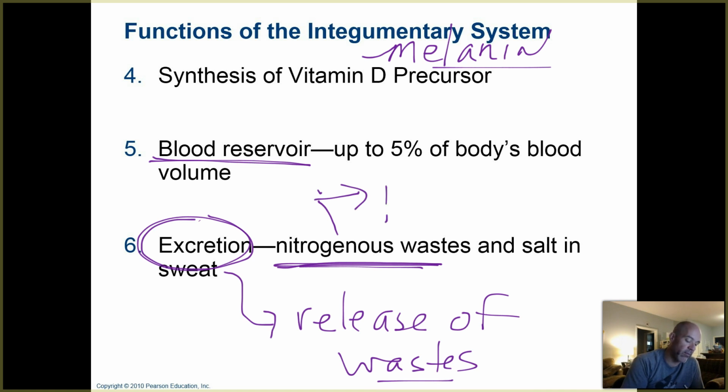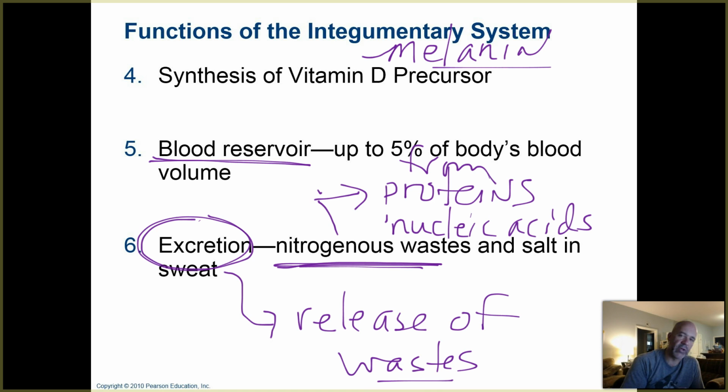Catabolism, breakdown of proteins and nucleic acids. That's where those come from. When those molecules get broken down, they have nitrogens in them, so they're called nitrogenous wastes, the molecules that come from the breakdown when your body needs to get rid of them. And you'll actually excrete some of those in your sweat. Salt, you guys know you have sodium chloride, NaCl. You know your sweat tastes salty as well.